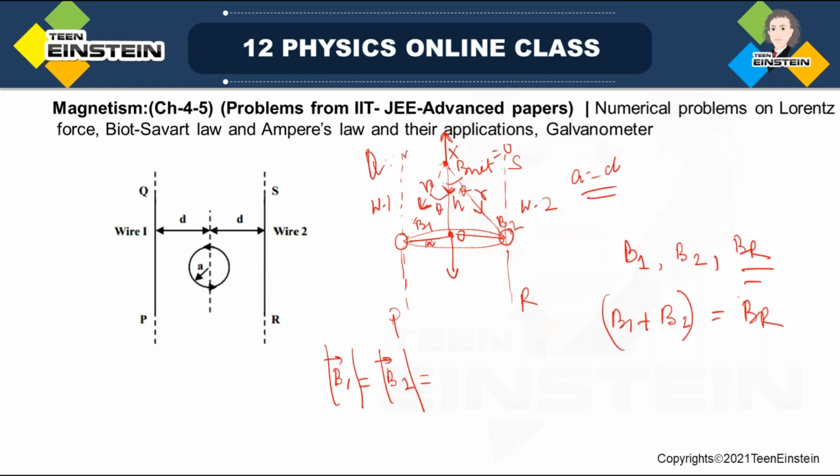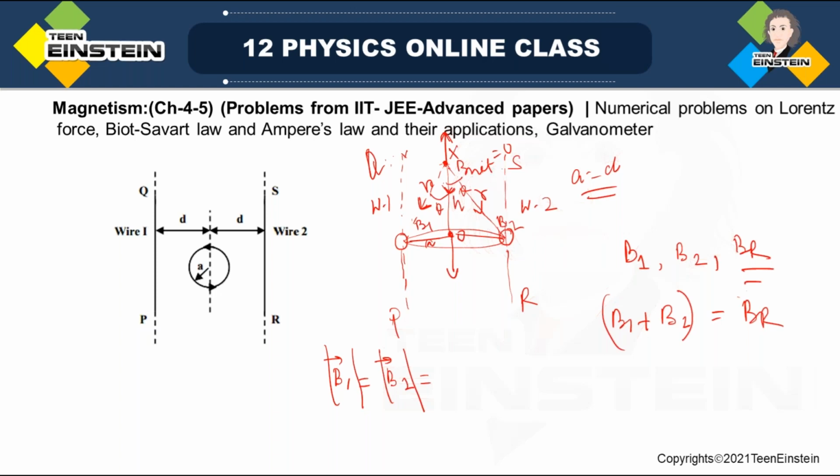There will be two components along this way: B1 cos theta and B2 cos theta. If we add them up, we get 2 into mu0 I by 2 pi r into cos theta.